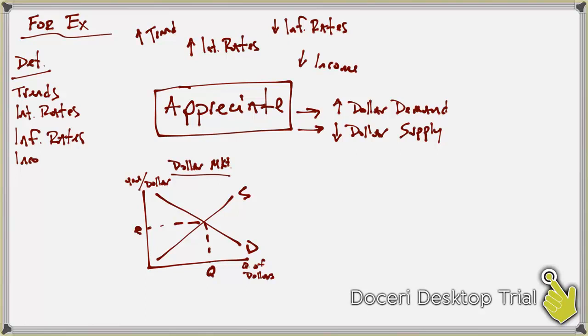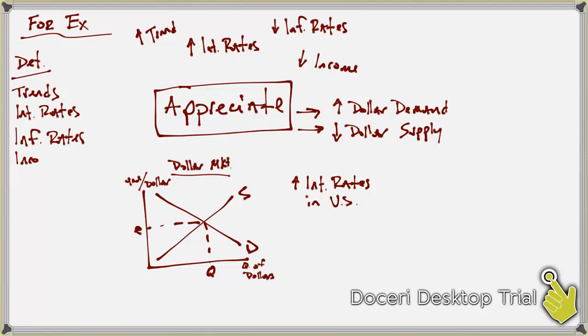Okay? So let's just say in our example, let's say we have an increase in interest rates in the U.S. When interest rates increase in the country, people from outside that country are going to want to save in the country with the highest interest rates. So that means that the dollar in this scenario is going to be demanded in the foreign exchange market.